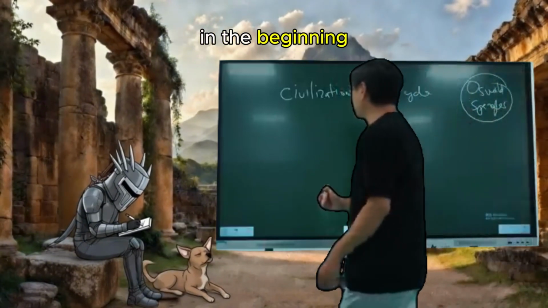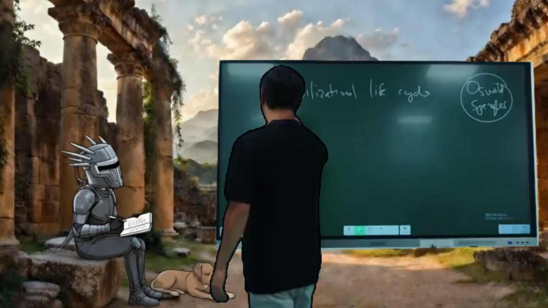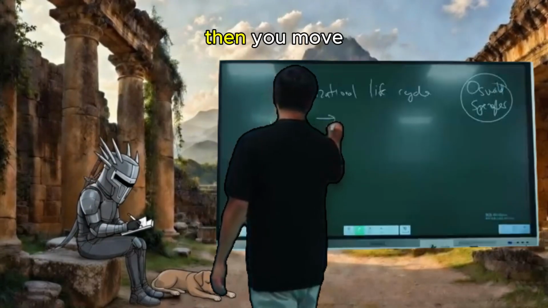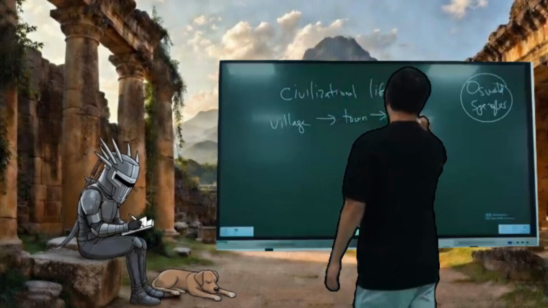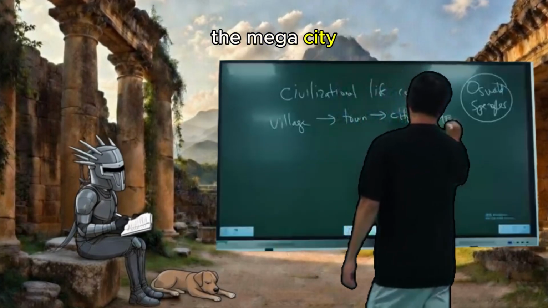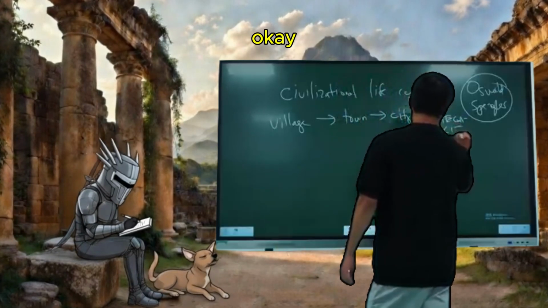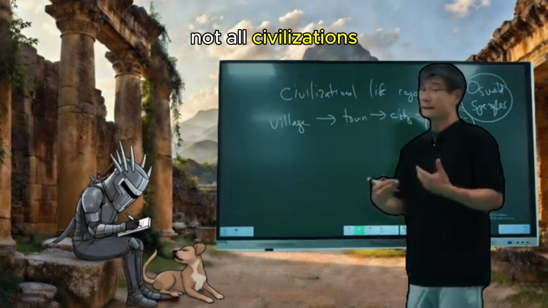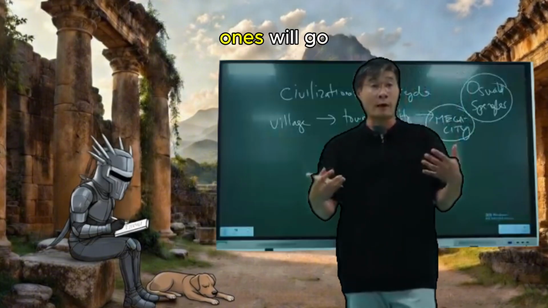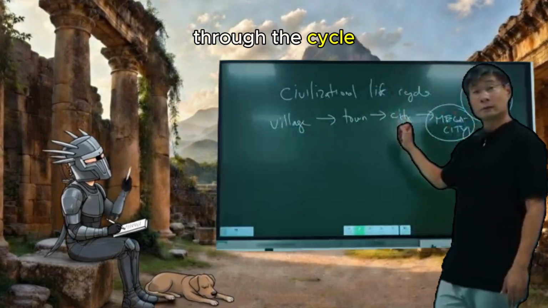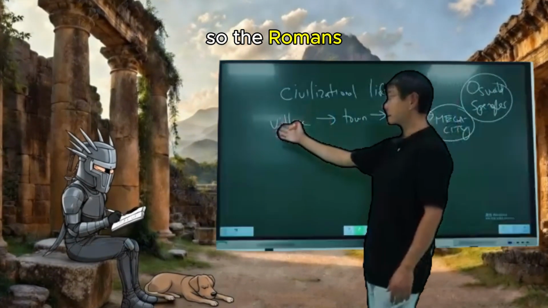In the beginning, you are in the village. Then you move to the town. Then you move to the city. Then you develop the megacity. Okay? Not all civilizations will go through the cycle, but the successful ones will go through the cycle. Okay? You start off, so the Romans, right?